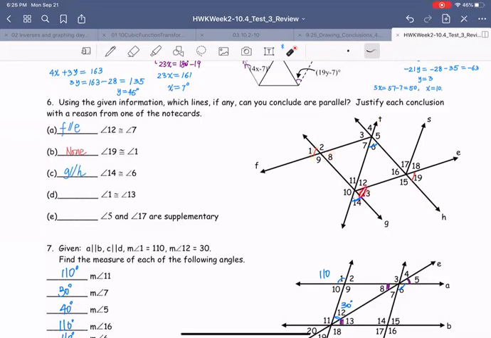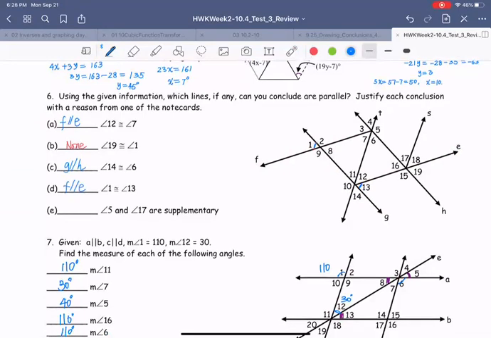You have to write this down and remember it. Angle 1 and angle 13 are alternate exterior angles. So this is not none. Who is parallel to whom? F is parallel to E. Yes. So you have to pay attention to this, okay?